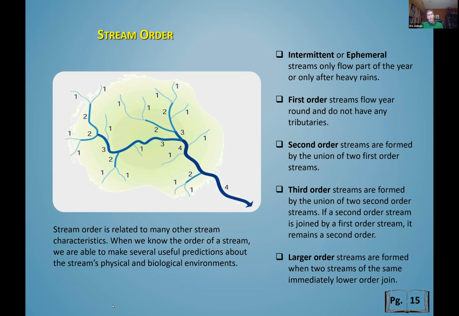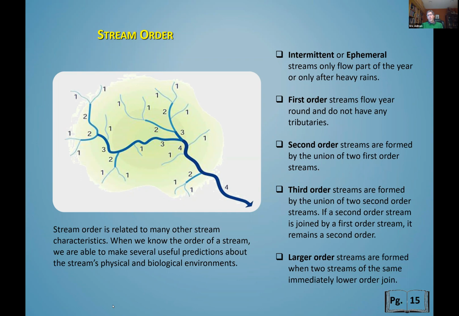Just to go through what the orders are: if a stream doesn't flow year round, it's considered intermittent or ephemeral, and it doesn't even count as an order. If it flows year round, but it doesn't have any tributaries, it's a first order. If you have two first orders that come together, you get a second order. Two seconds make a third, and so on.